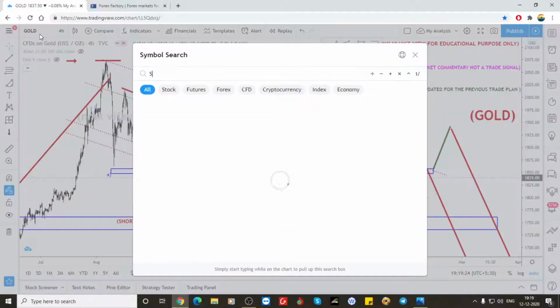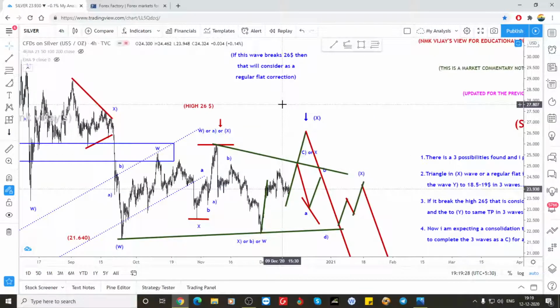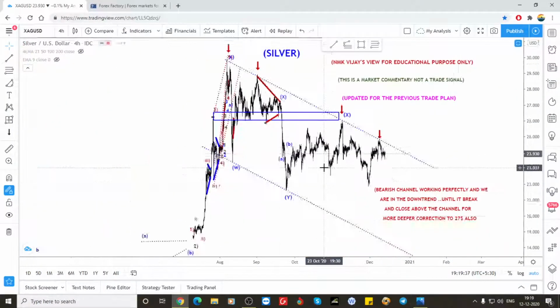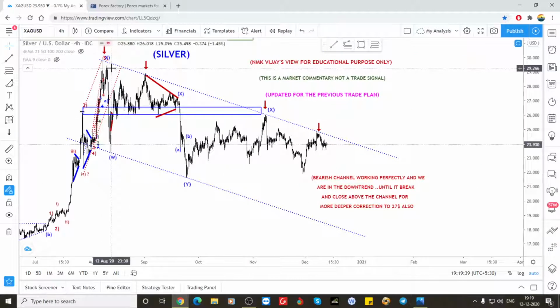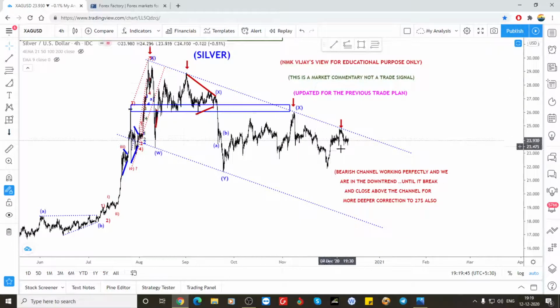So in silver it is doing like that, and I have updated that also. In silver it is, expect one second. Yeah, silver, there is a lot of rejection in that exact channel. Perfect.